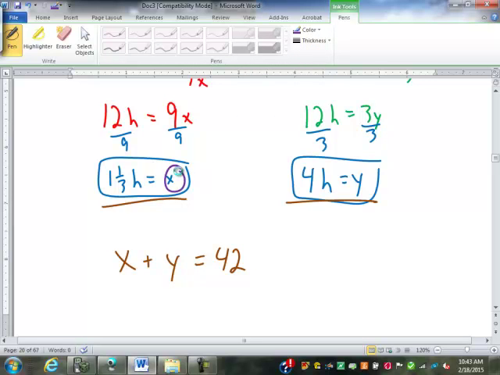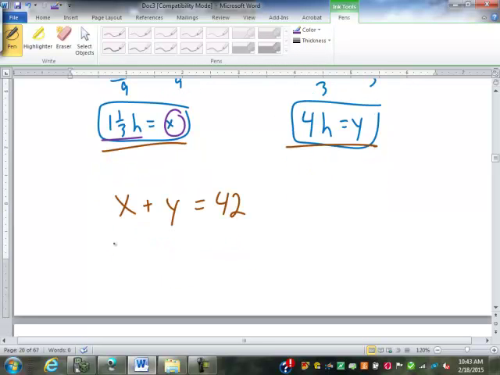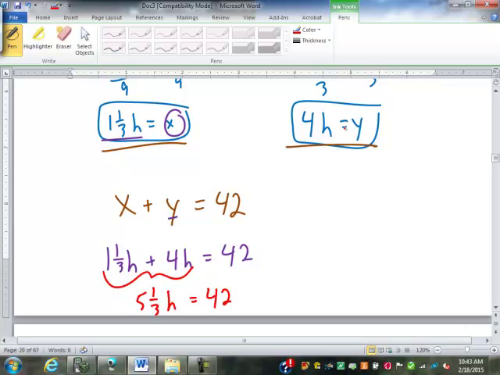Instead of X, we're going to put in 1 1/3 H. Instead of Y, we're going to put in 4H equals 42. So now we can combine. 1 1/3 plus 4 is 5 1/3 H equals 42.